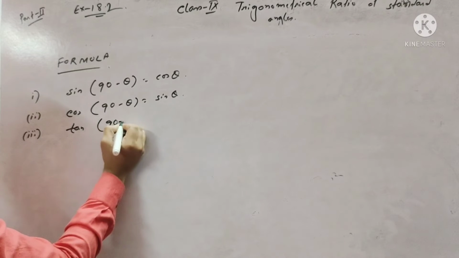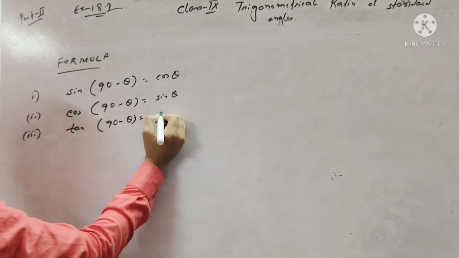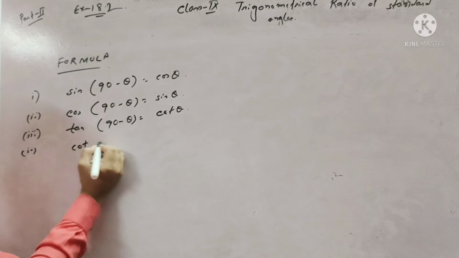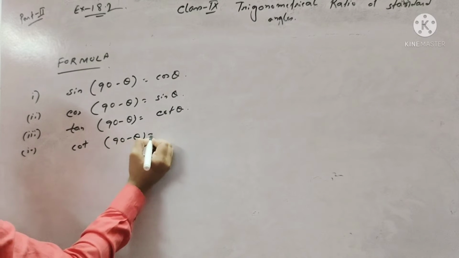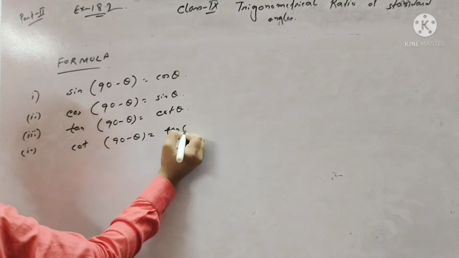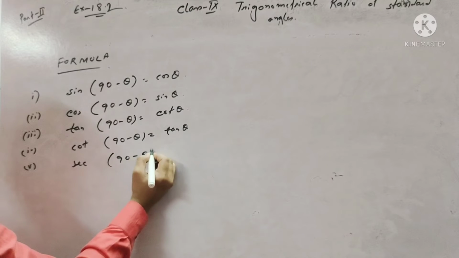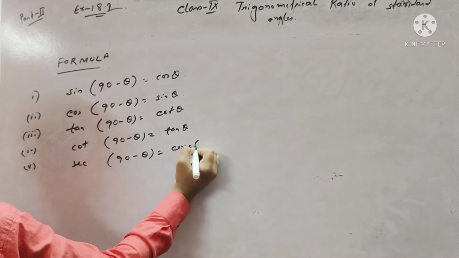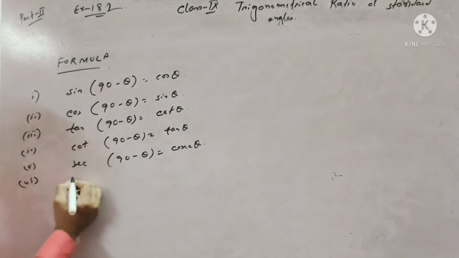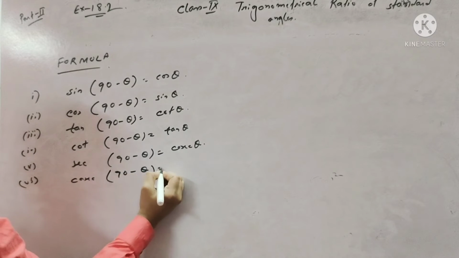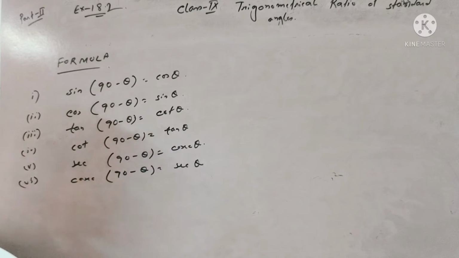Tan 90 minus theta equals cot theta. Cot 90 minus theta equals tan theta. Sec 90 minus theta equals cosec theta. And number 6, cosec 90 minus theta is sec theta. These are the basic formulas of this exercise.